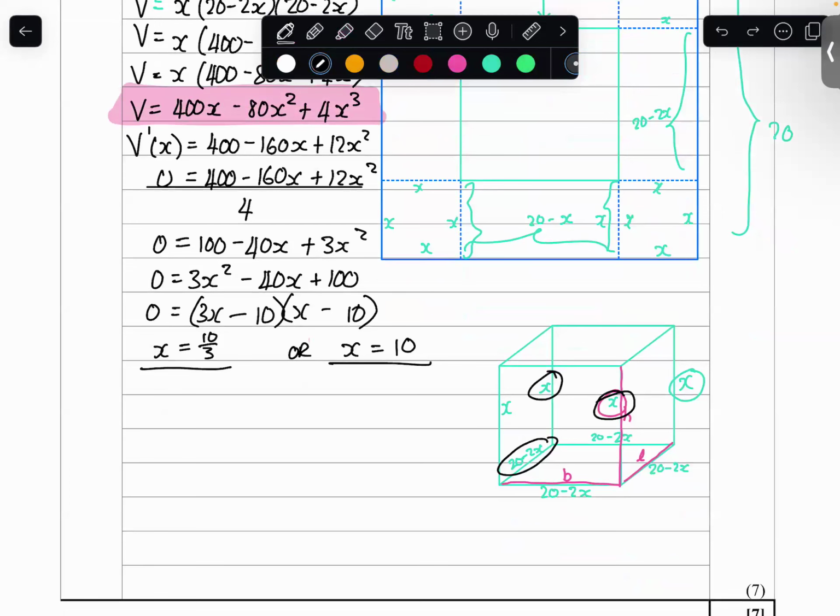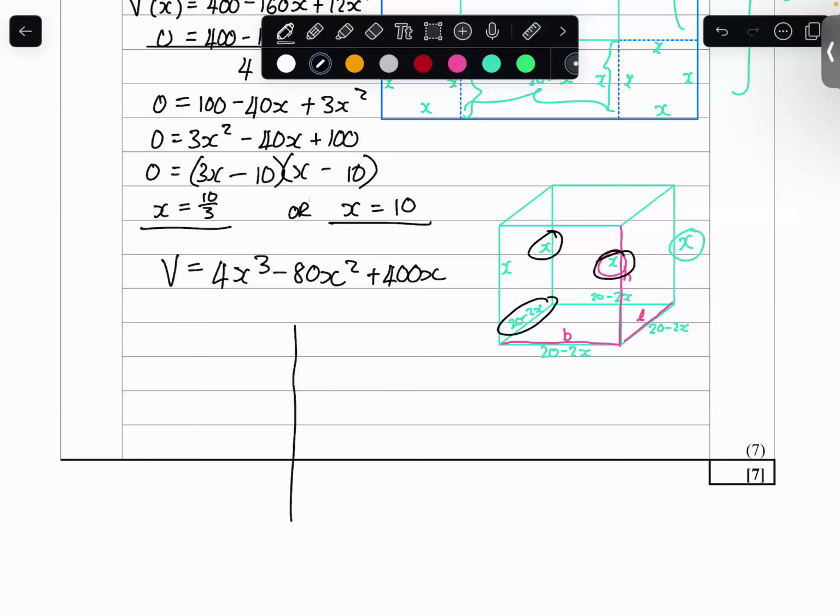So this is the volume formula, the cubic function formula. It's 4x cubed minus 80x squared plus 400x. I'm just putting it in proper order, right? And so the graph should look like this, where the x values of the turning points are 10 over 3 and 10.